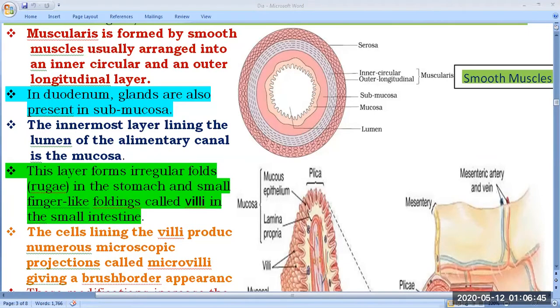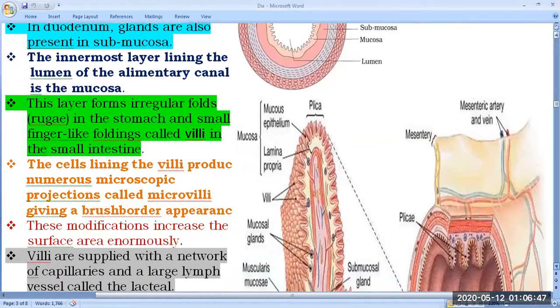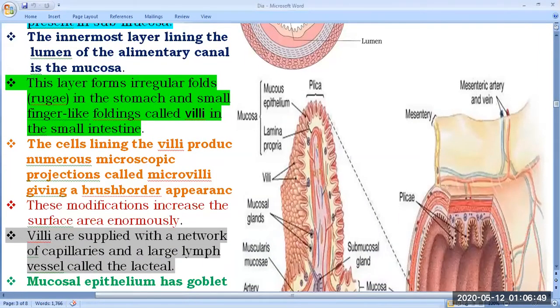The cells lining the villi produce numerous microscopic projections, and this structure is called the microvilli, giving a brush border appearance. If you see, they appear like a brush. Due to this, it is known as the brush border appearance.